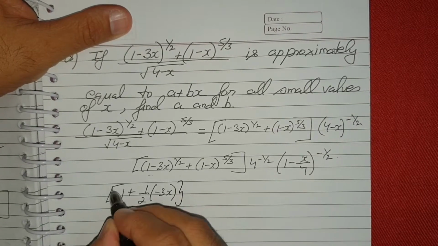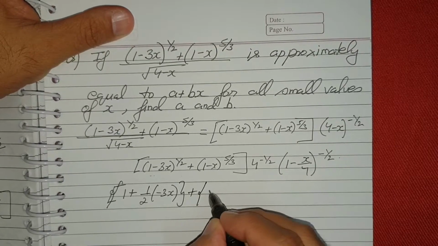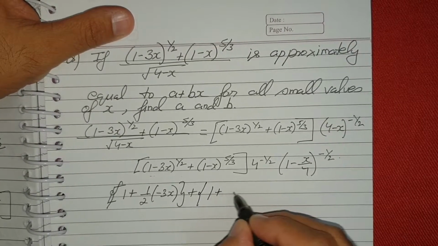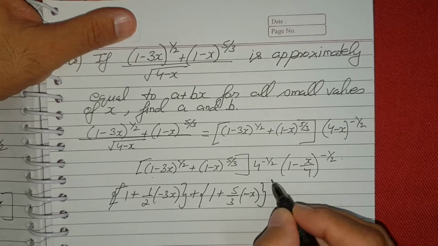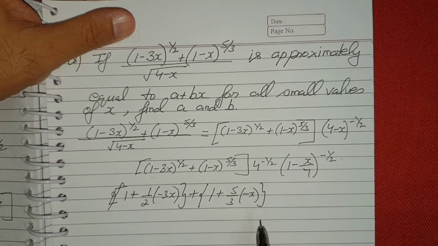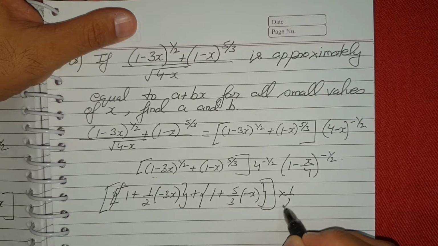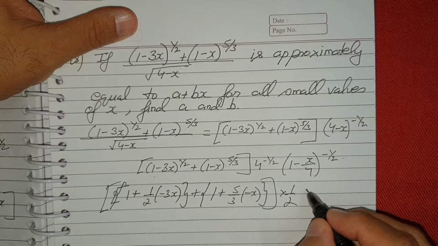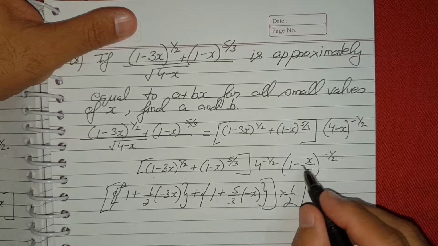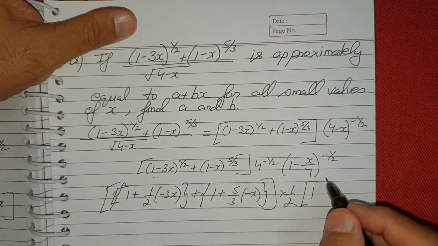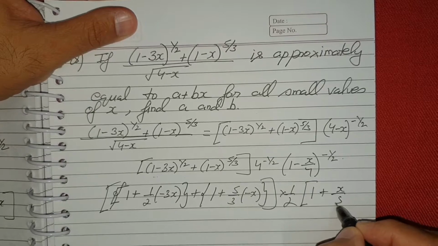Now plus this will give you 1 plus 5 by 3 of minus x. Okay, and put this whole thing inside the square bracket. This is 1 by 2 and this will be 1 minus 1 by 2 times minus x by 4, that will be plus x by 8.